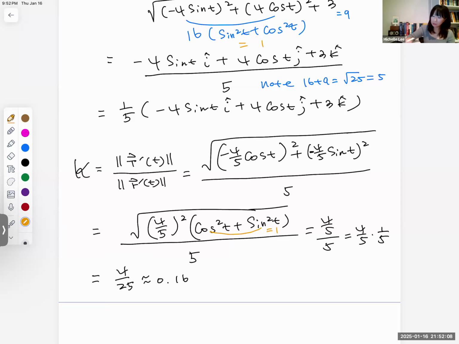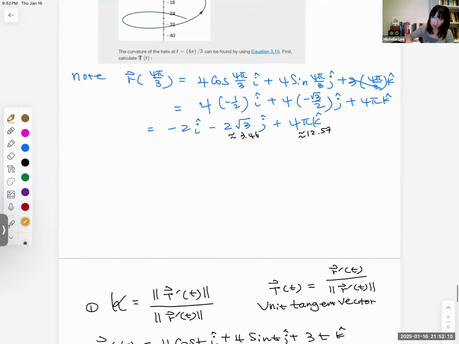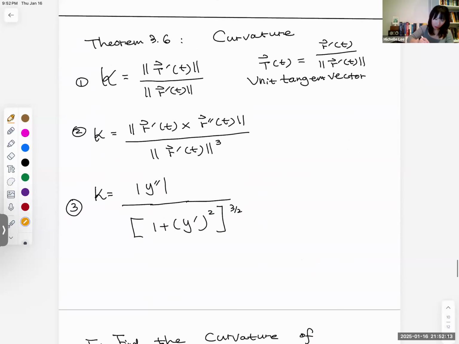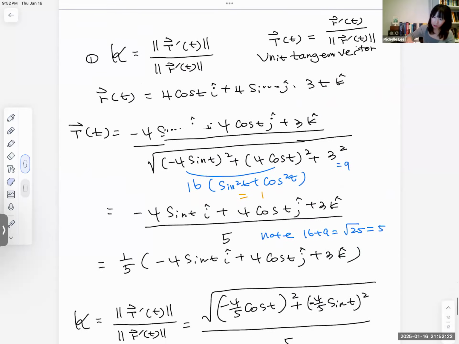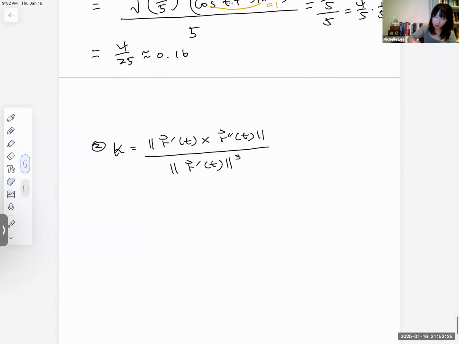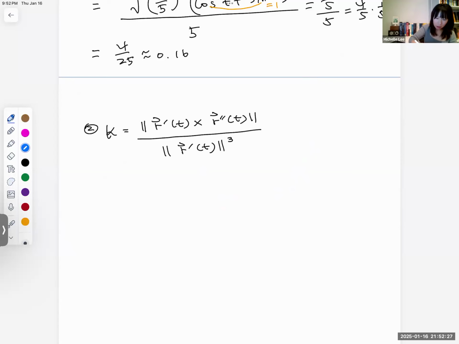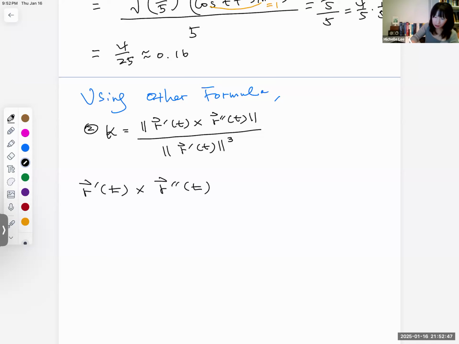So let's see using another formula. So number 2. Using the other formula. Okay, so cross product. So we have to have the first and the magnitude, right?